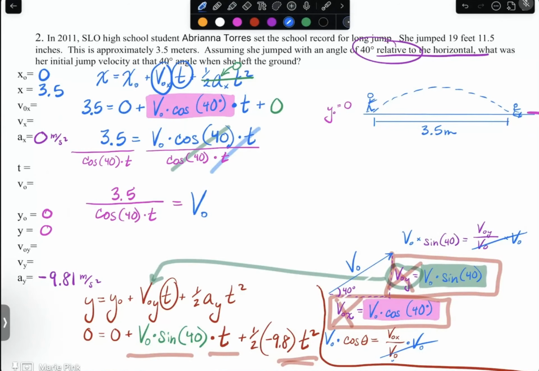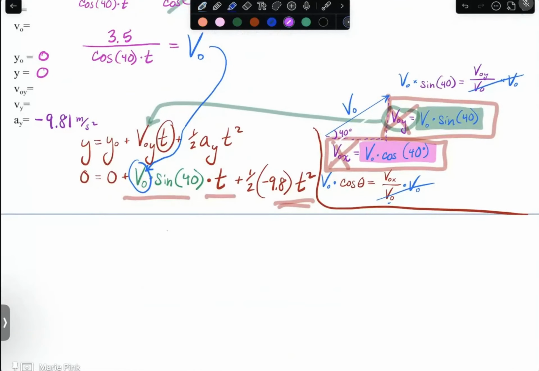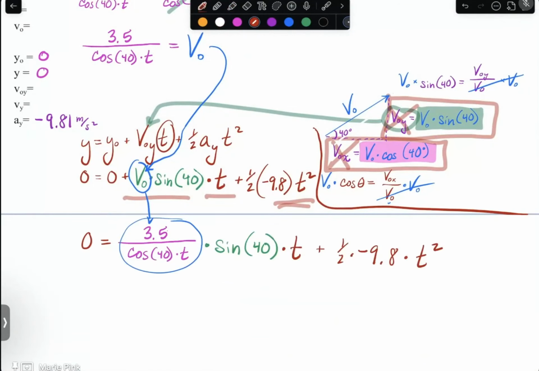So now instead of V naught, I'm going to write all of this stuff, and that's going to go in here where this V naught is. So I'm going to rewrite that. I put in something for V naught. The sine of 40 stayed and the time stayed. Make sure you're not losing random things.